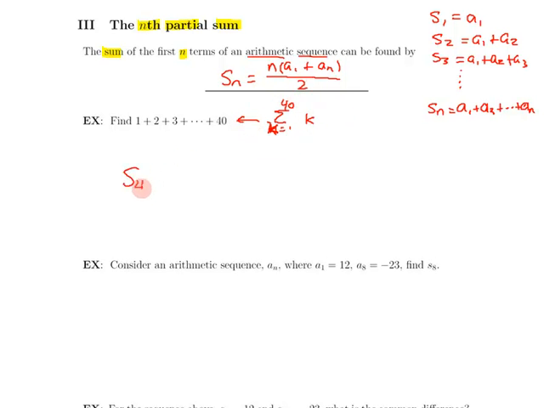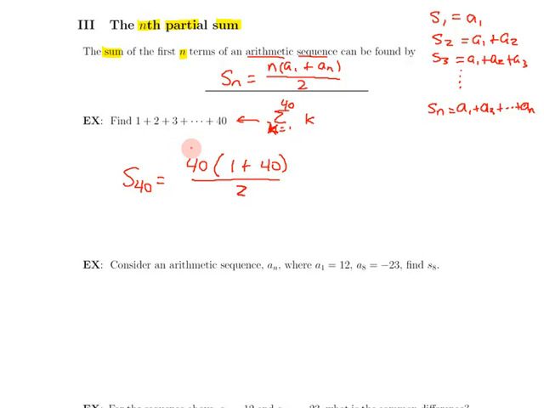So S sub 40 in this case would be the sum of the first 40 terms of this sequence. All I've got to do is figure out, first of all, how many terms there are. That's the n, and put down 40 there. Then I'm going to take the first, which is 1, plus the last, which is 40, divide that all by 2, and that will add this up for me in one quick step without having to do it manually, one term at a time.